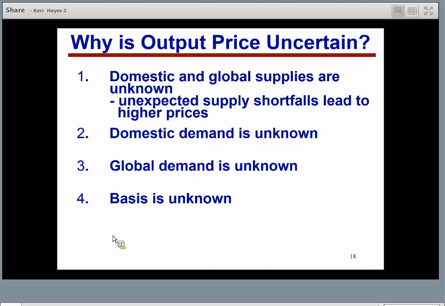So you don't know what the supplies are going to be in some of our competitor countries, right? Wheat in the Ukraine, wheat in Russia, wheat in some of these other countries that compete with us. And until we know what those supplies look like, that impacts our domestic wheat price, right? Because we are in a global market. We export a lot of our wheat to other countries. Domestic supplies as well, right?